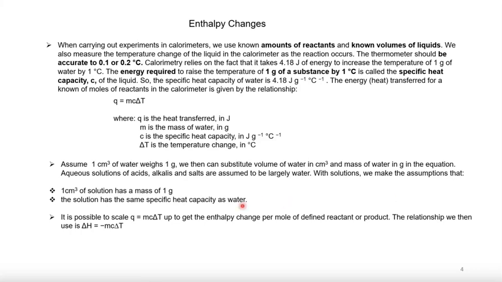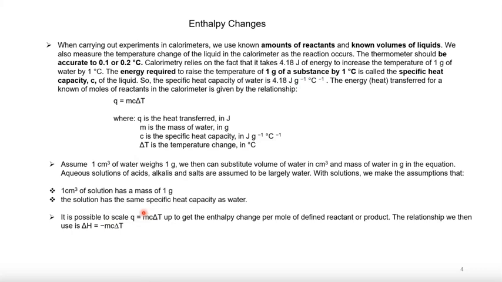The solution has the same specific heat as water. We say the specific heat of water is 4.18 joules per gram per degree Celsius. So here we take the specific heat of the solution to be the same as water.